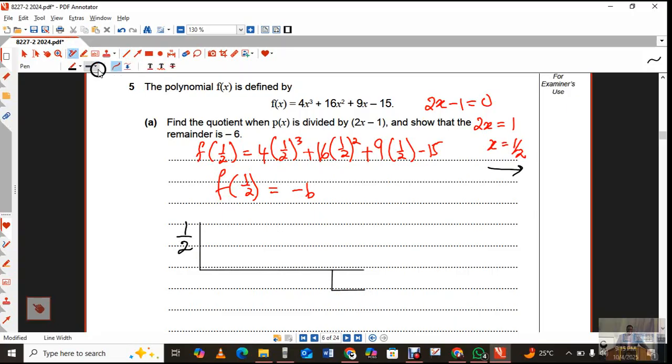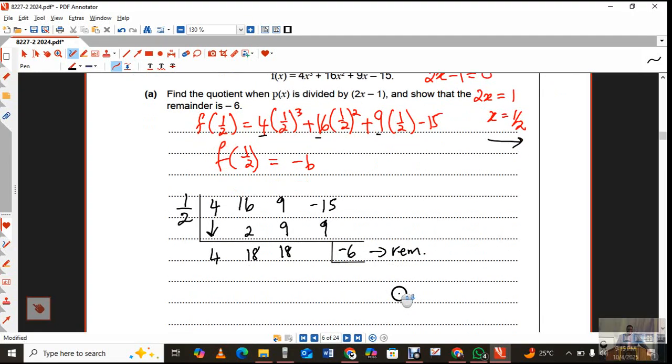Let me write the coefficients: the 4 over here, the 16 which is positive, the 9 which is positive, and the negative 15. So we're going to bring this one down. A half of 4 is 2. Adding that gives you 18. A half of 18 is 9. Adding that gives you 18. A half of 18 is 9. If you add this, you get negative 6, which is what our remainder is.